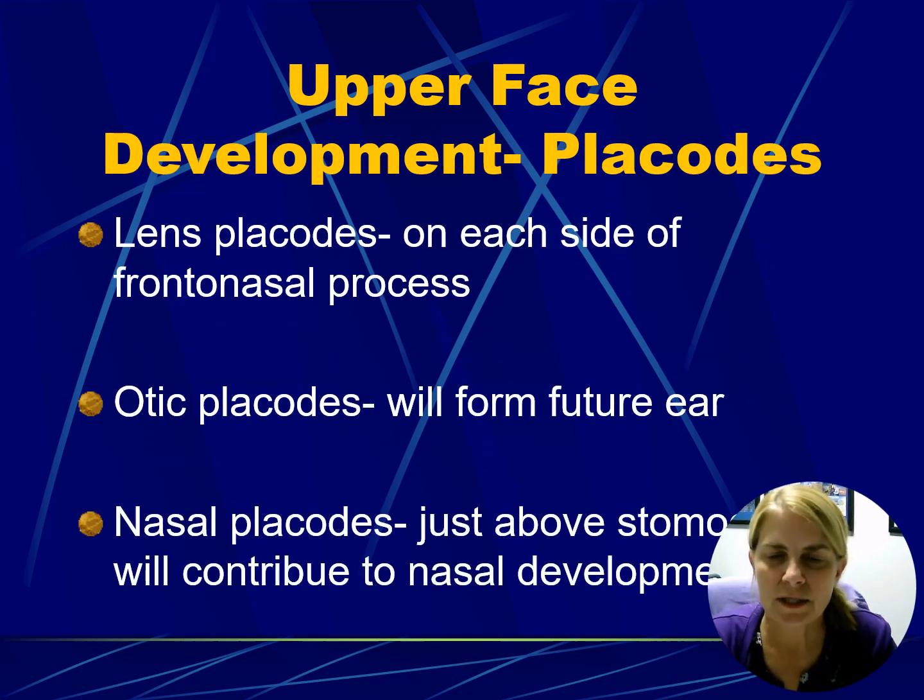There are placodes that are in place in the upper face development. We have the lens placodes on each side of the frontal nasal process that will give us the eyes. The otic placodes will form the future ear, and the nasal placodes, which are just above the stomodeum, will contribute to nasal development. Those are our sensory placodes for our sensory organs.